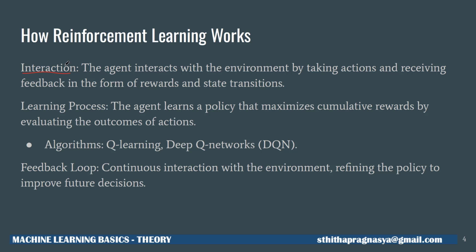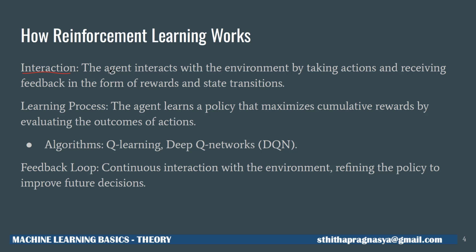And after each action, the environment responds by transitioning to a new state and providing a reward to the agent. The agent's goal is to learn a policy that maximizes the cumulative reward over time. To do this, the agent evaluates the outcomes of its actions and adjusts its policies accordingly.